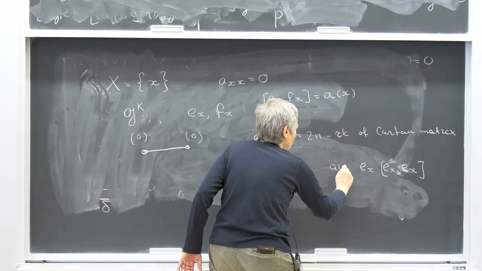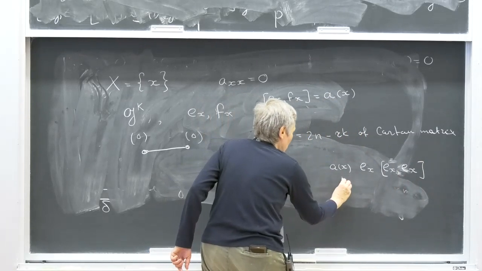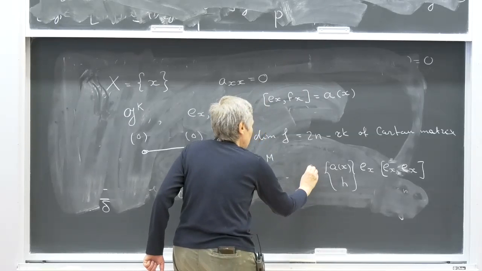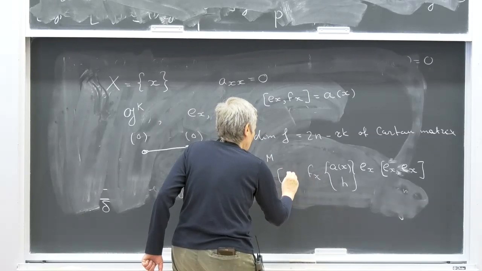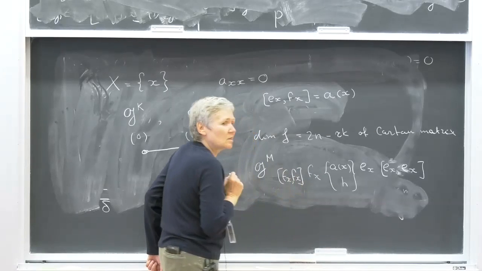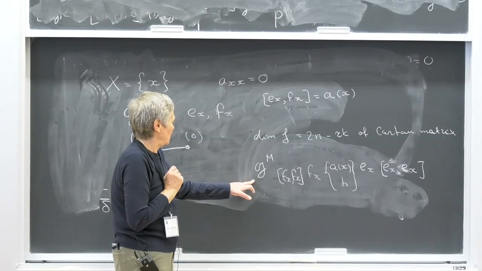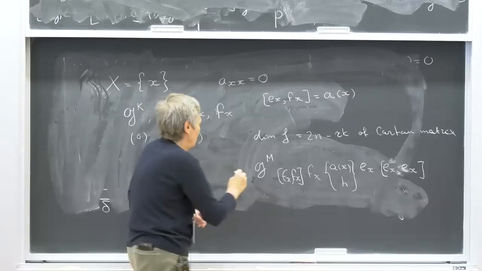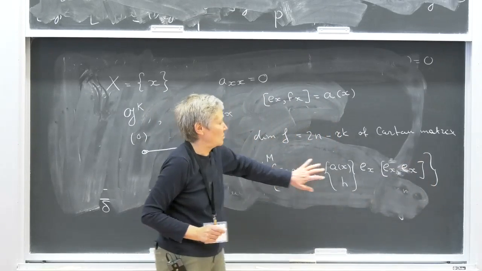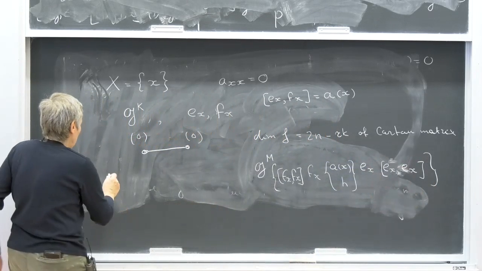When I have a of x and one more element which gives me the grading, and I have also f_x, this is the algebra here, but I can quotient by these two, and I'm going to get the algebra GL(1|1), and this is g_K.